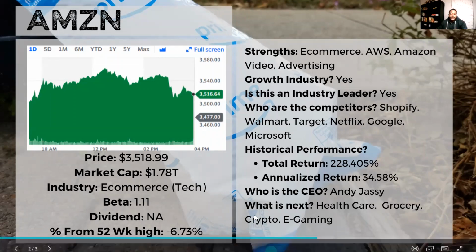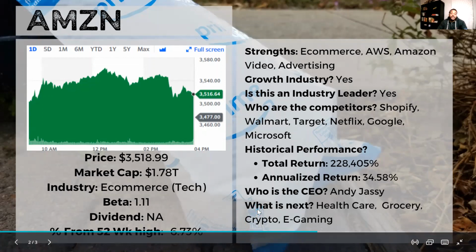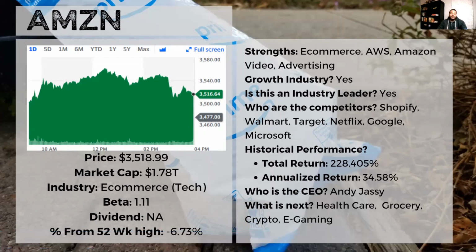And then lastly, we have what is next for Amazon. We know Amazon is also very interested in healthcare. They're also interested in groceries. They recently bought Whole Foods, and they've been looking to grow and expand that business with home delivery of groceries. There also have been job postings for crypto, which Amazon has projected some interest in, and also e-gaming.